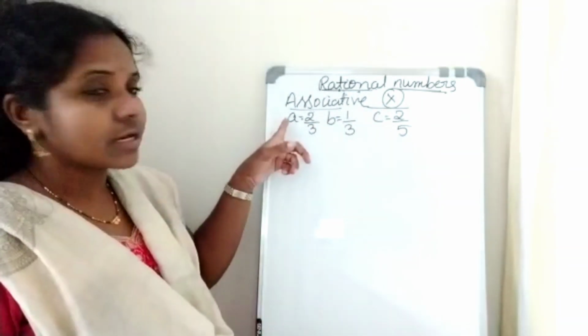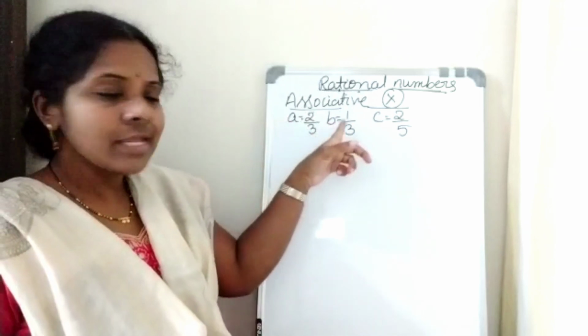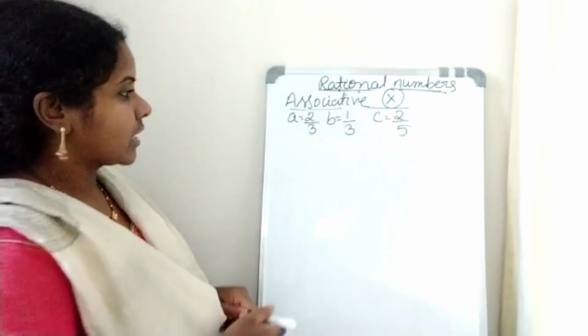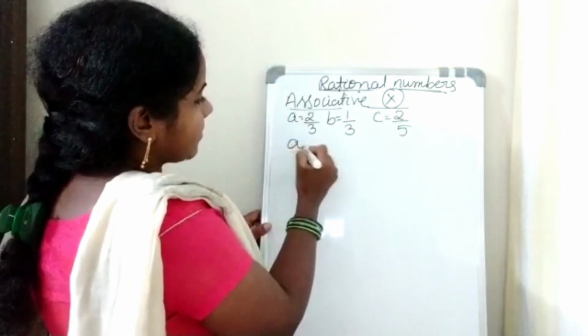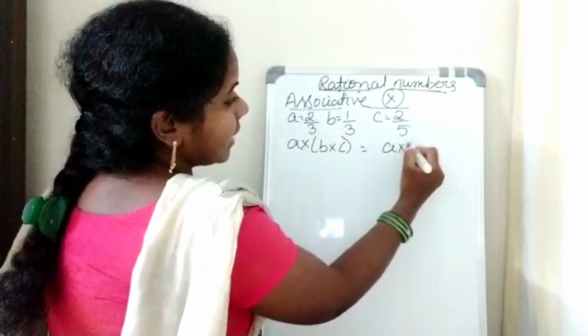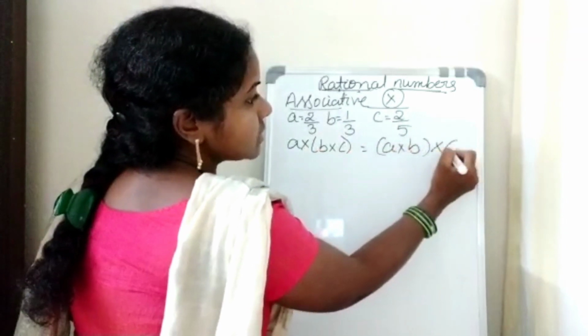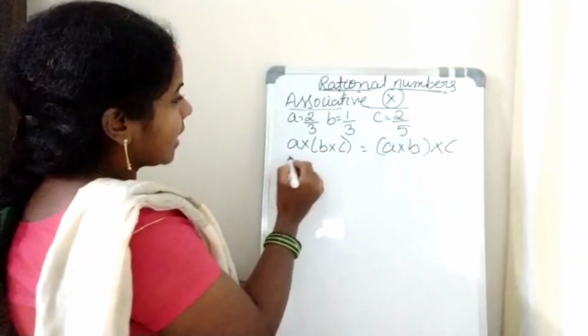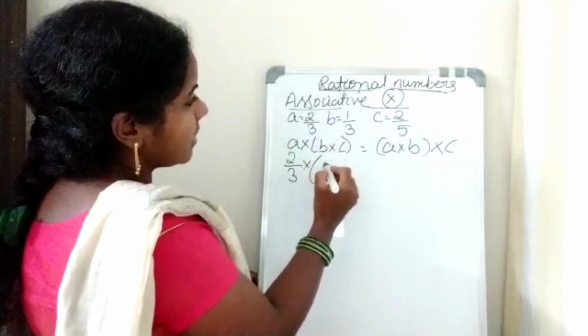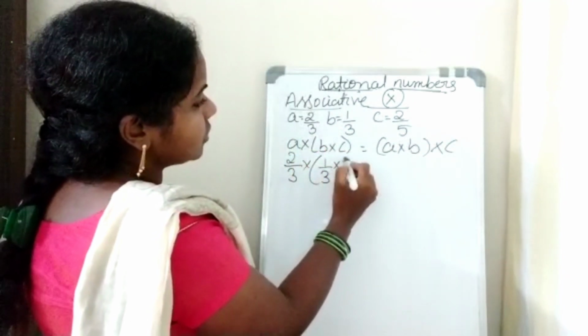Now the associative property under multiplication we will see. Again the values are a = 2/3, b = 1/3 and c = 2/5. The associative property means (a × b) × c = a × (b × c).